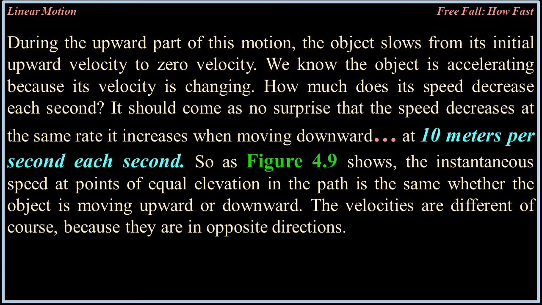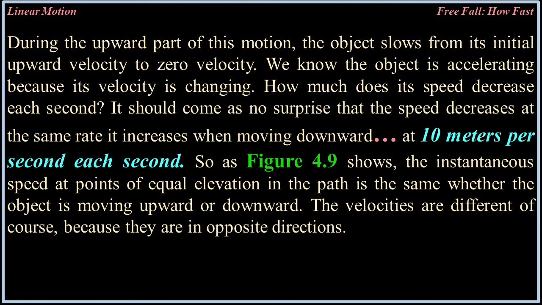During the upward part of this motion, the object slows from its initial upward velocity to 0 velocity. We know the object is accelerating because its velocity is changing. How much does its speed decrease each second? It should come as no surprise that the speed decreases at the same rate it increases when moving downward, at 10 meters per second each second.